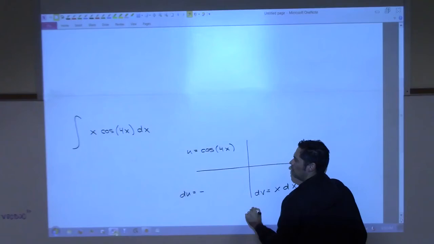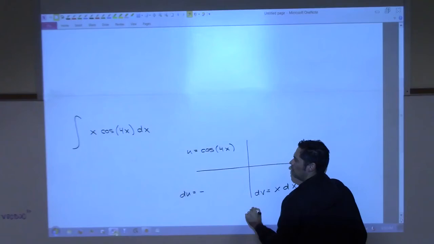Good. Now, there was a little mnemonic that we were using to remember this formula. Do you all remember what it was? Ultraviolet minus voodoo. Do you all remember me saying that? No? I didn't put that on the board last time? This formula, you can use this little ultraviolet minus voodoo, V-O-O-D-O-O.